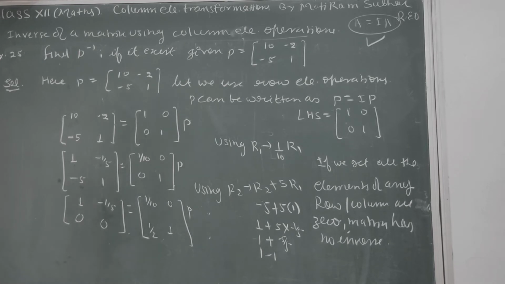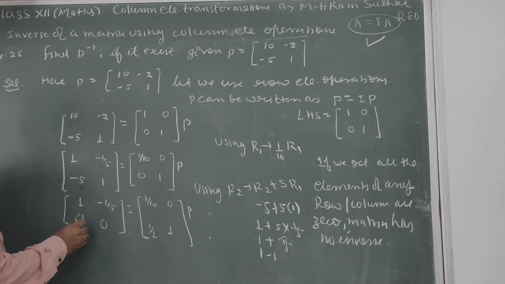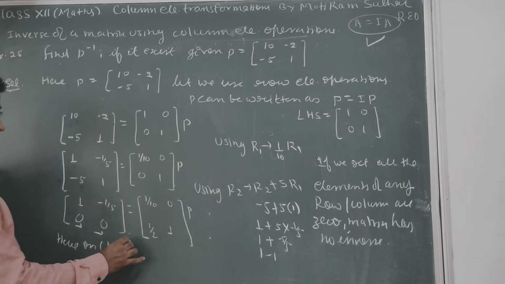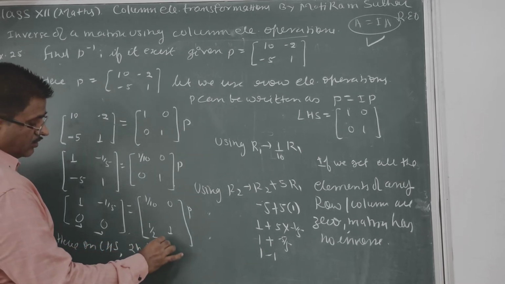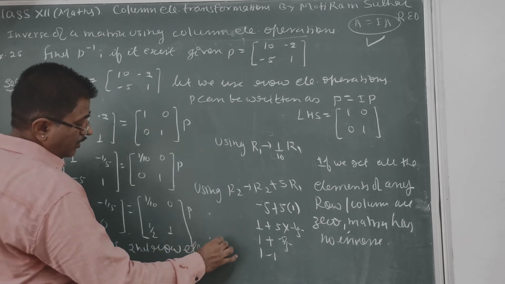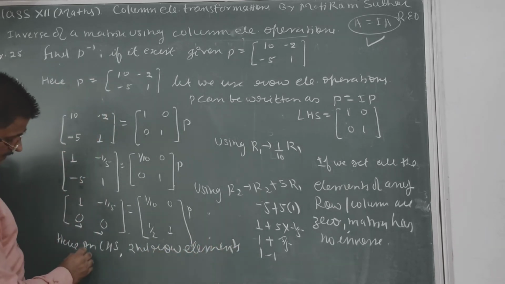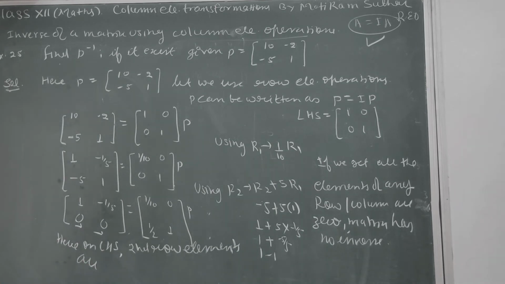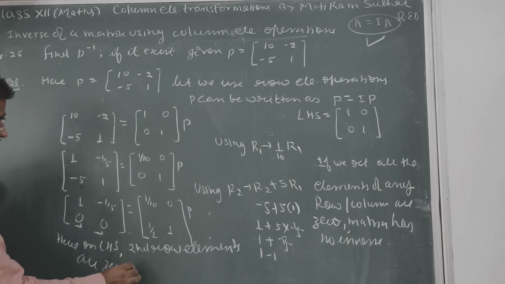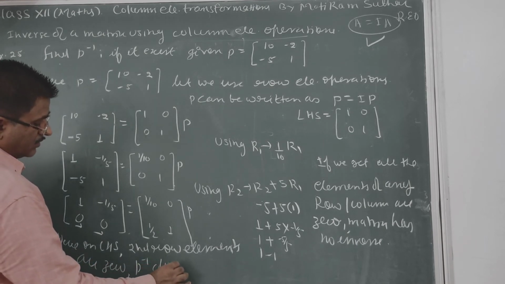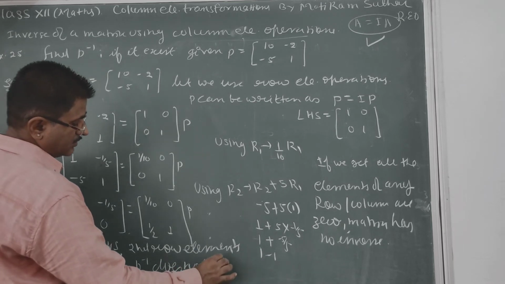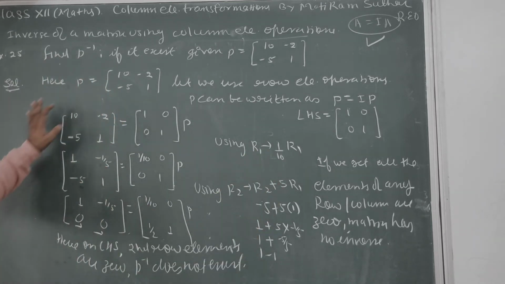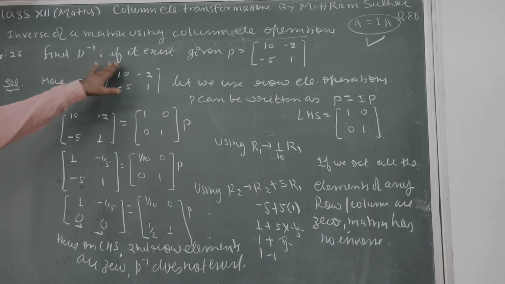So we can say here in this matrix, on the left hand side, the second row elements are zero, so P inverse does not exist. तो यहाँ हमारा प्रॉब्लम में भी कह रहा था फाइंड P inverse if it exists.